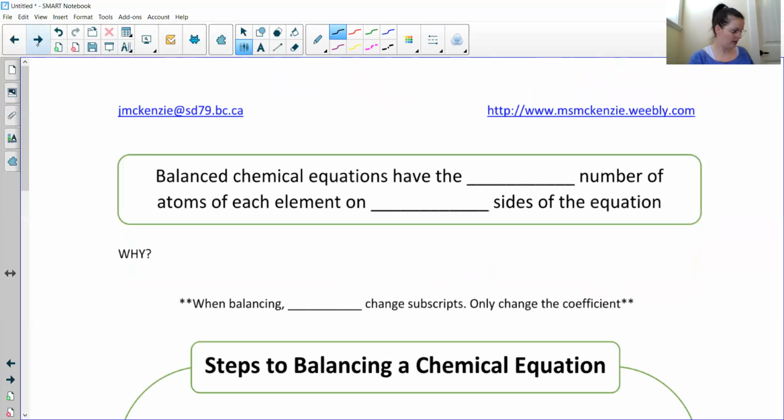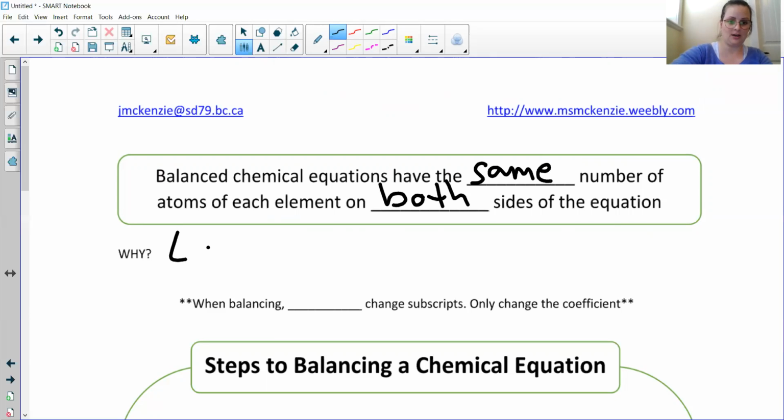So, balanced chemical equations have the same number of atoms of each element on both sides of the equation. Why? Because the law of conservation of matter, which is the law of conservation of mass and energy, stipulates that nothing is created or destroyed.